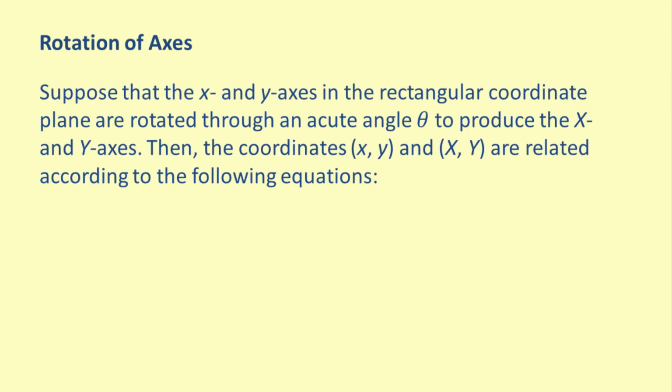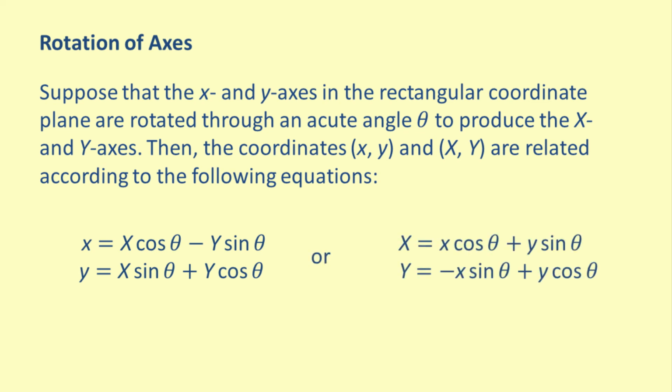Suppose that the x and y axes in the rectangular coordinate plane are rotated through an acute angle theta to produce the capital X and capital Y axes. We can solve for capital X and capital Y in terms of x and y, and doing so tells us that the coordinates xy and capital XY are related according to the following equations. x equals capital X times cosine of theta minus capital Y times sine of theta, and y equals capital X times sine of theta plus capital Y times cosine of theta.